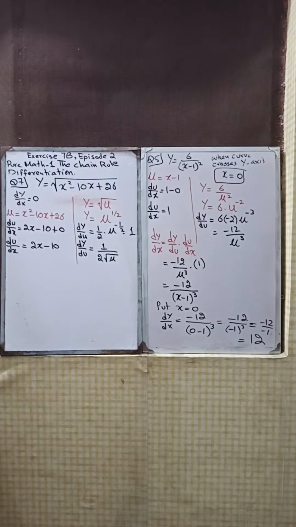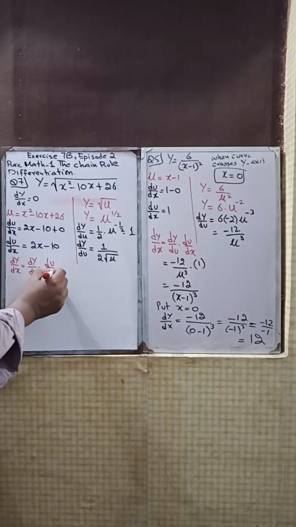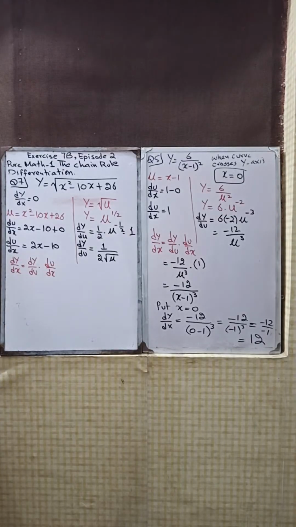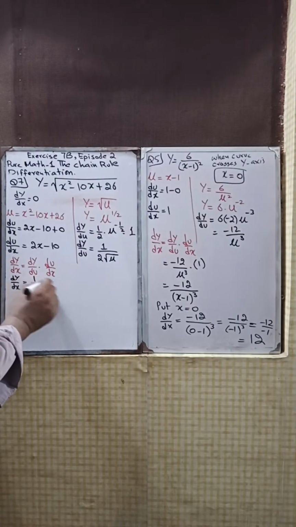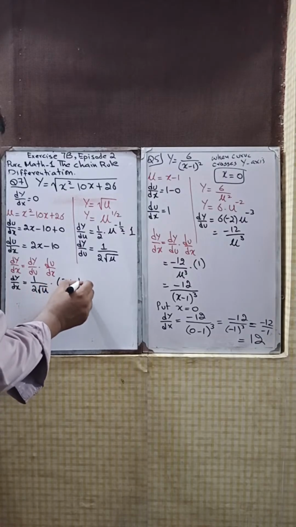Chain rule says that dy by dx is equals to dy by du into du by dx. So dy by dx will be equals to 1 divided by 2 under root u into 2x minus 10.